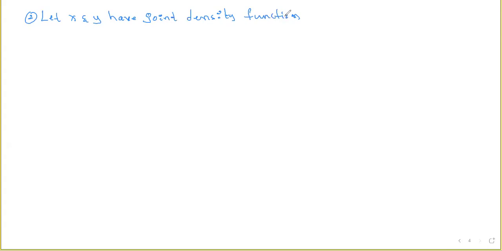Joint density function f of x comma y equal to x plus y for 0 less than x comma y less than 1. What is the conditional mean?